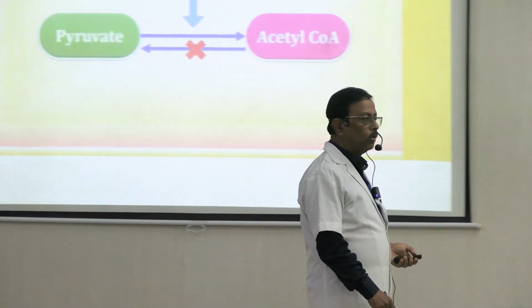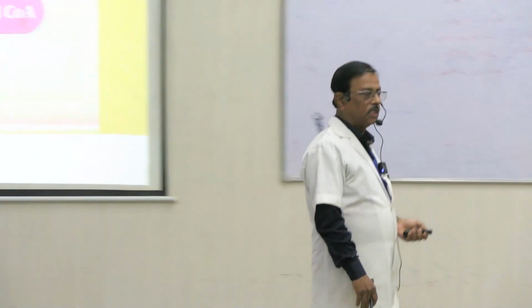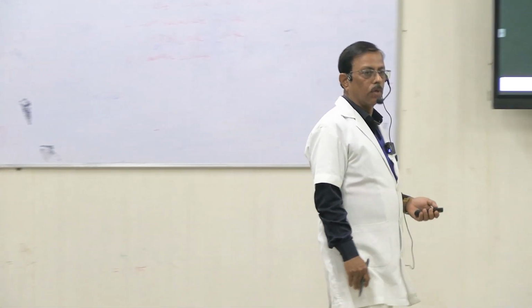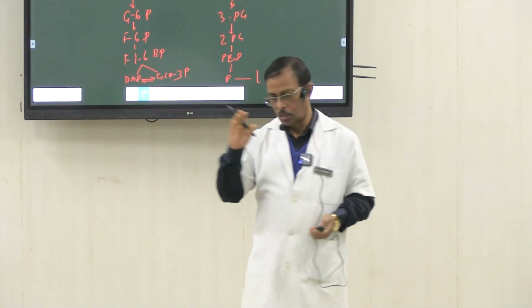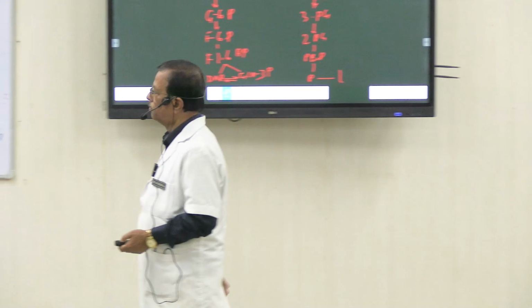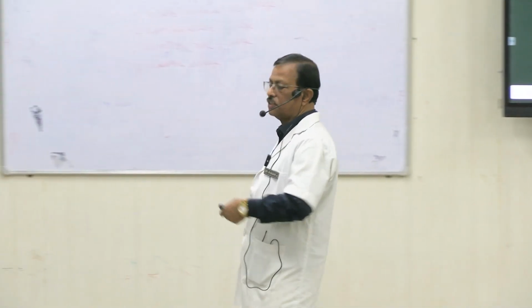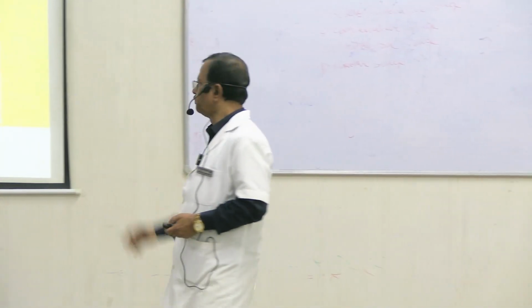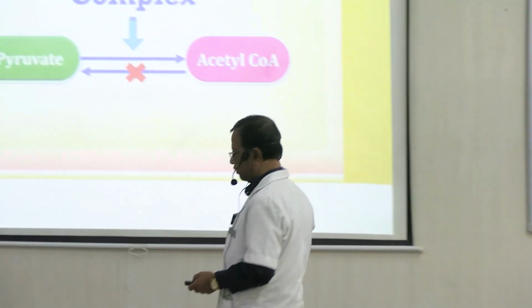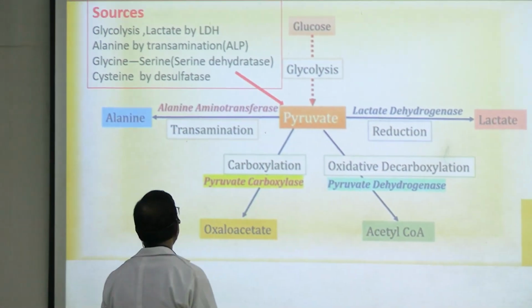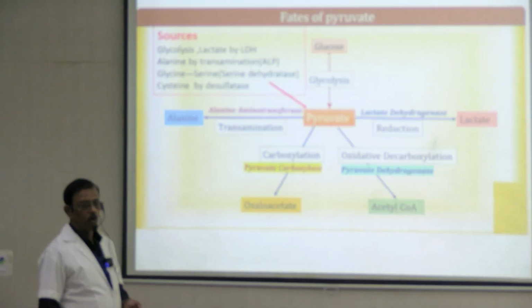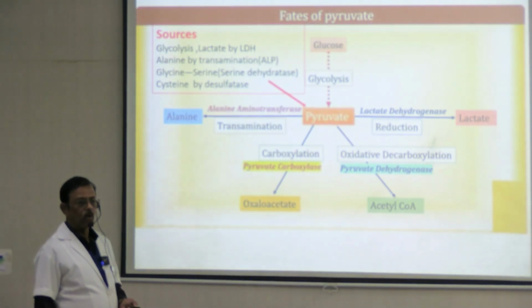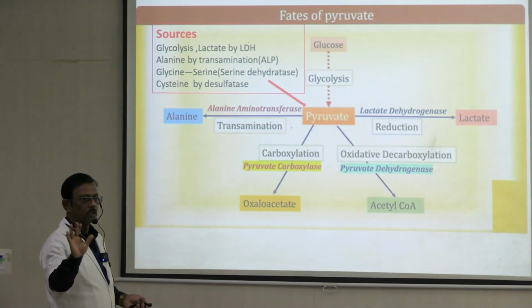But the molecule which starts the TCA cycle is acetyl-CoA. So pyruvate has to change, or synthesize acetyl-CoA, to take part in the TCA cycle. Now, a short note on metabolism of pyruvate, or just pyruvate, they will give.